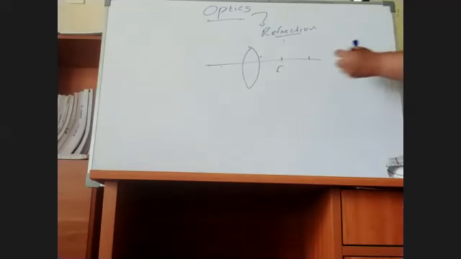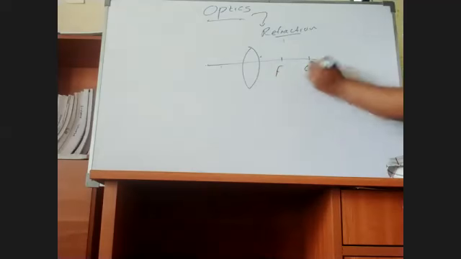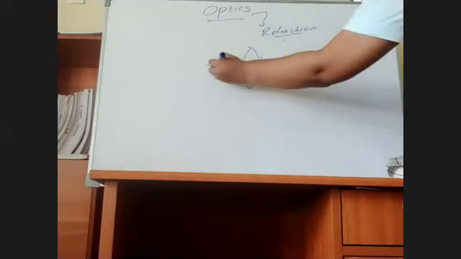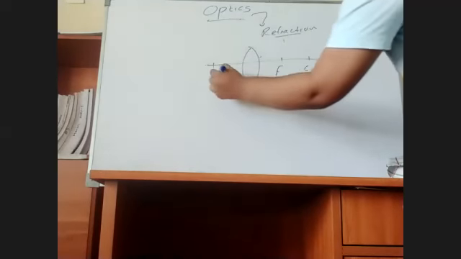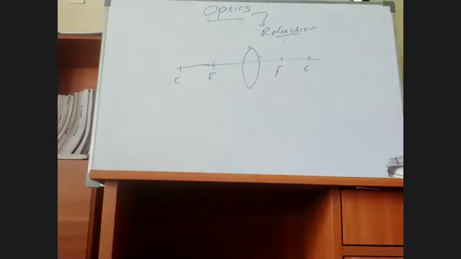Then we know that each lens has a focal point and a center of curvature. On the opposite side also, the lens has a focal point and a center of curvature. We know that in a convex mirror, light can be incident on only one side. That means reflection cannot take place on this side.